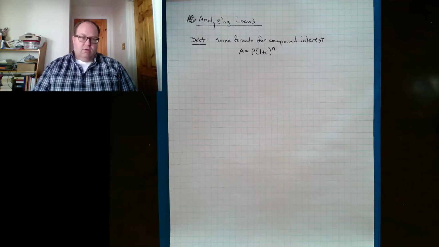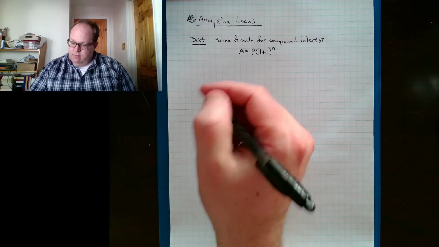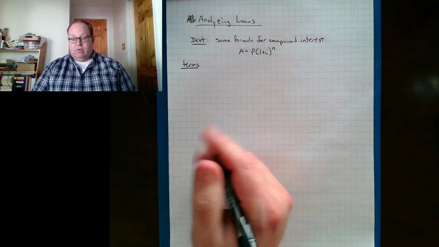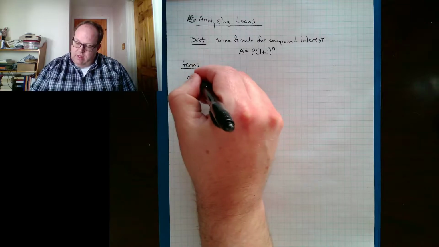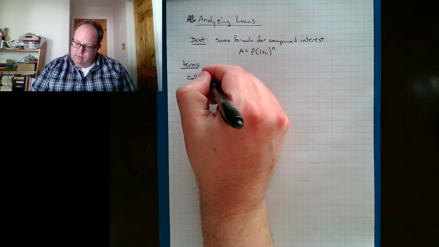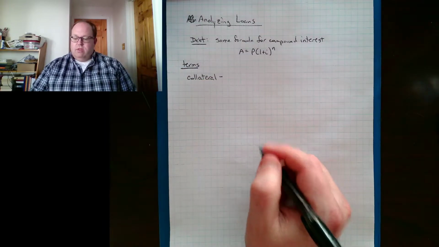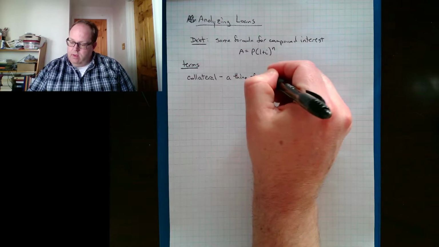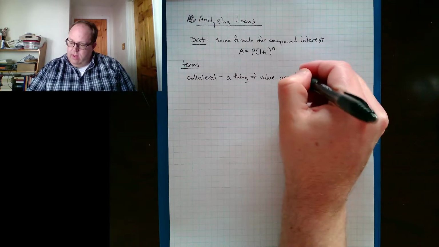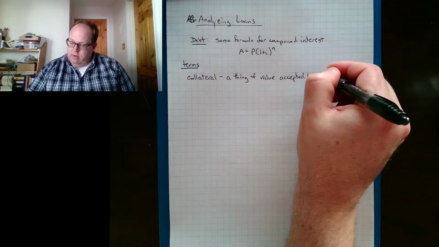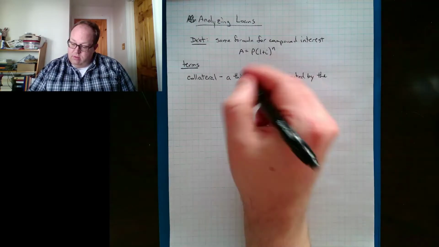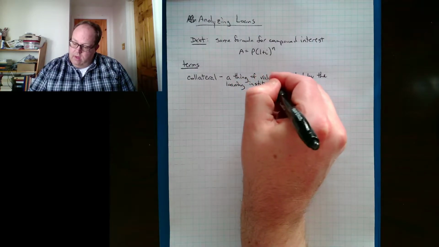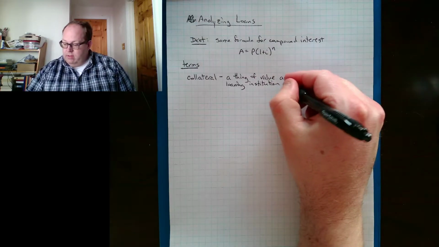A few terms will crop up that we'll talk about. Now we'll only really deal with math on sort of the last one of these, but you will see terms like collateral, and collateral is usually a thing of value accepted by the loaning institution as security on a debt or as security on a loan.